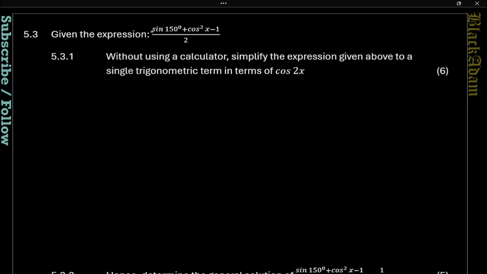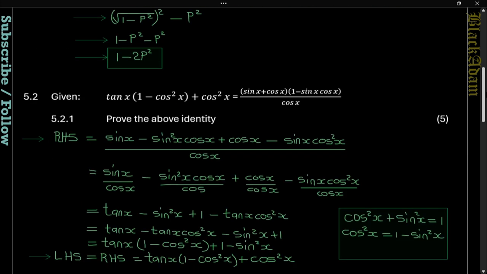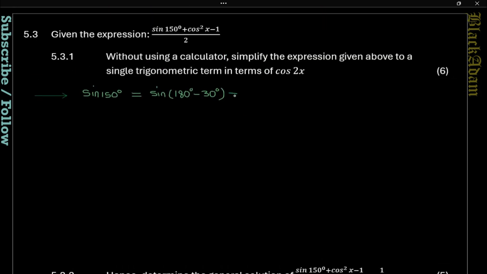Next question, 5.3.1. Given the expression, we need to give it in terms of cos 2x. So cos 150 degrees is going to be cos of 180 degrees minus 30 degrees, and then 180 minus, it's going to be positive for sine, that means we have sine 30 degrees.